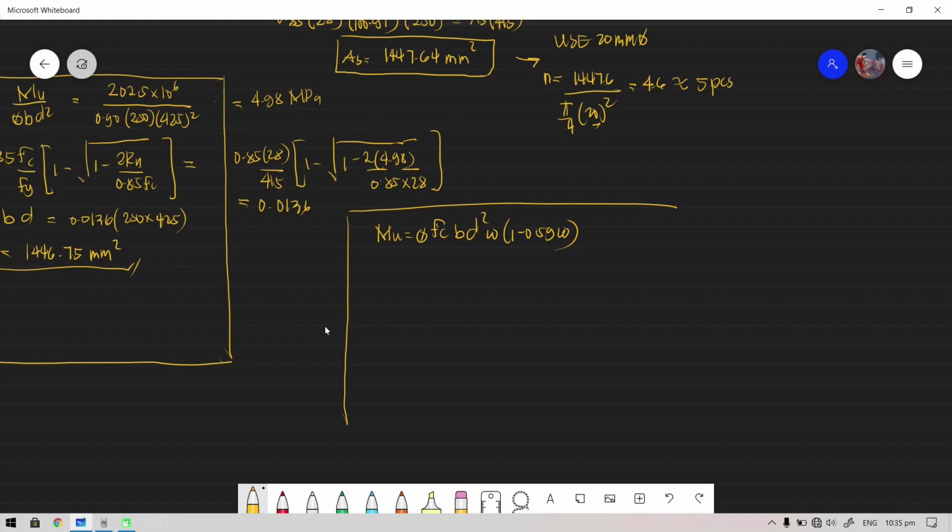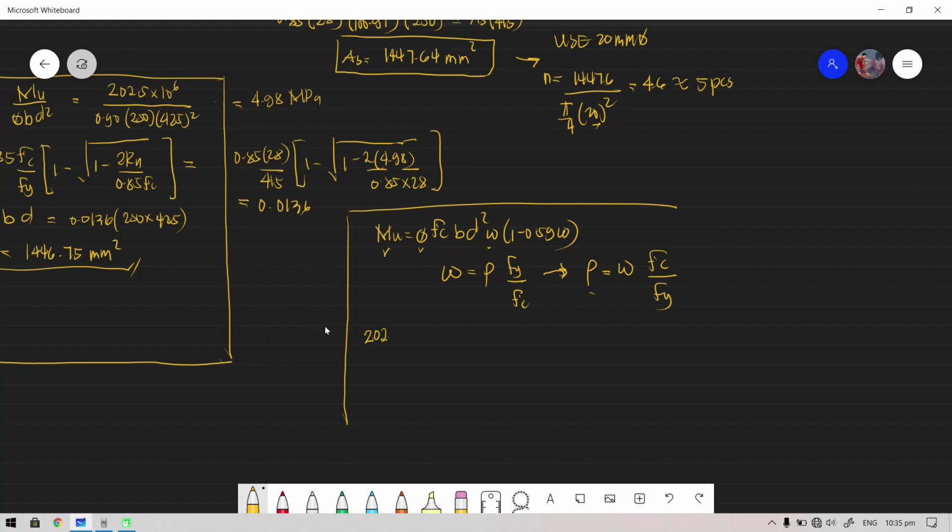Tension steel reinforcement index, ang formula is, meron dito sa module dyan. Okay? So, ang omega natin is actually rho Fy over F prime C. So, kung rearrange natin yan, yung rho natin will be omega times F prime C over Fy. Yun. So, pag meron ka ng omega, masolve mo na yung rho. So, dito ang unknown lang is omega.